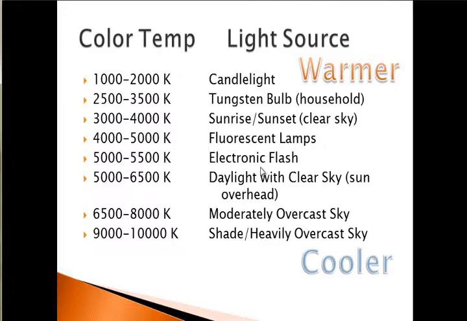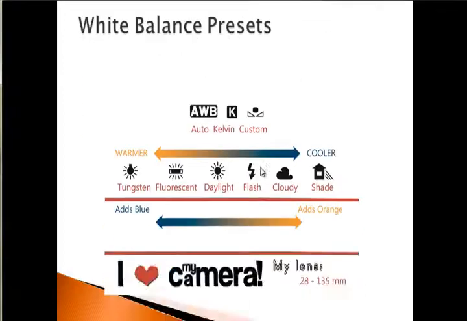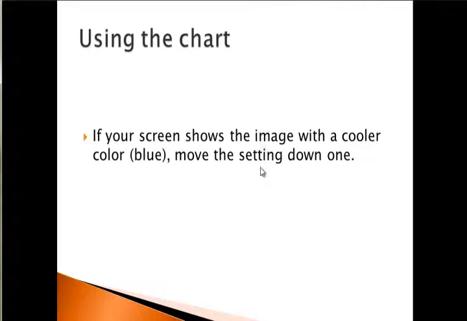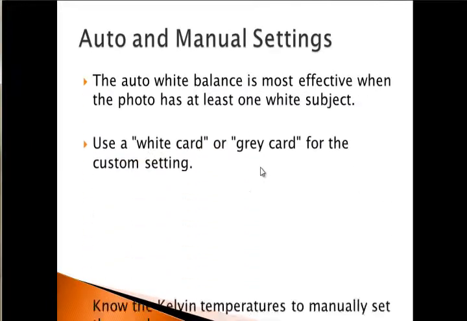I'll just get a screenshot of this right here as it is. There's a setting on your camera for K, and you're going to see that in the video. So you have to know this chart here in order to effectively do that manual setting for K on your camera.